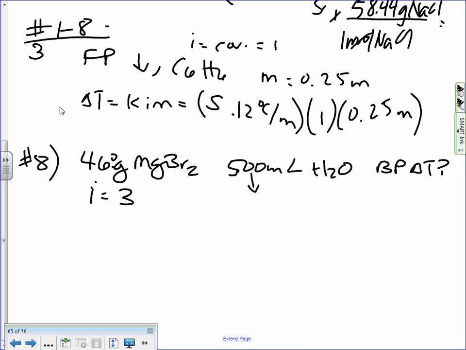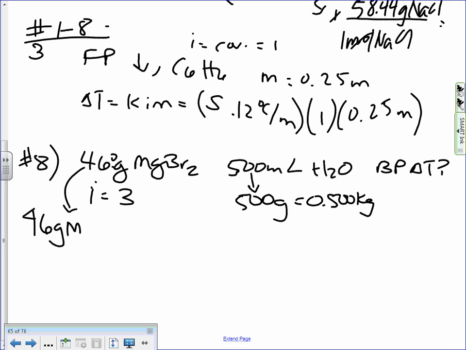This can be converted immediately to 500 grams, because for molality you need kilograms. So this is equal to 0.500 kilograms, and you move the decimal over. The solute needs to be changed as well to what? Moles, so 46 grams of magnesium bromide.